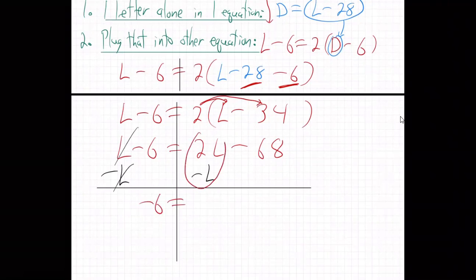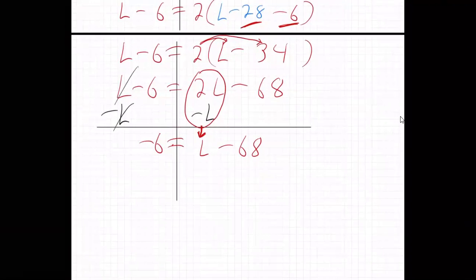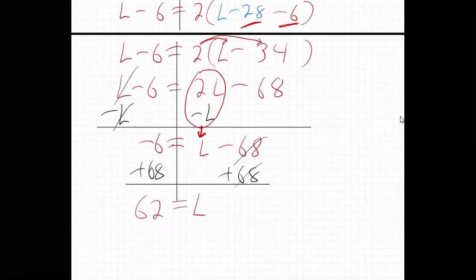And right here, 2L minus L, that's just 1L or just L. You don't even need the 1. 2L minus L is L. And we're almost there. Get L alone, add the 68 to both sides. What's that? 62? L equals 62. So we've got L.